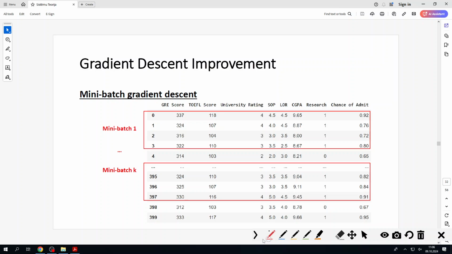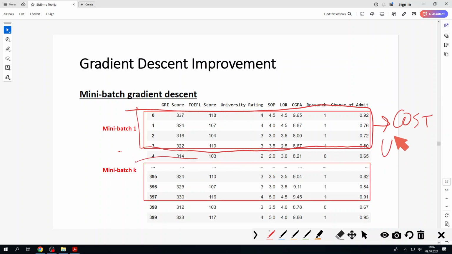What if we say now that we do not take the entire data set, but instead take a small part of this data set, calculate the cost function for that, and then do an update before we have gone through the entire data set?